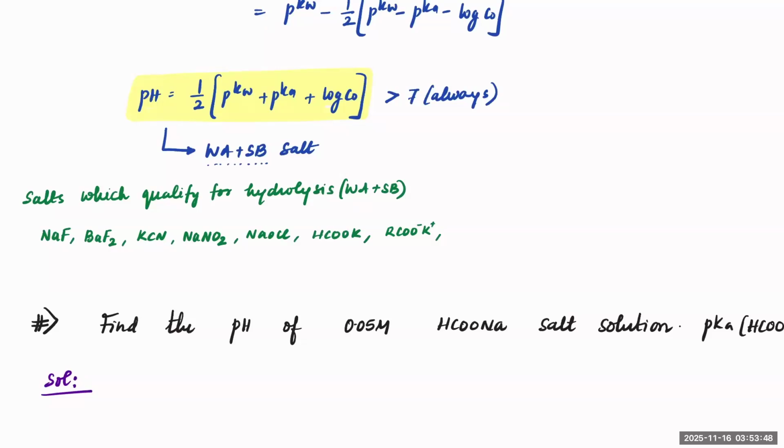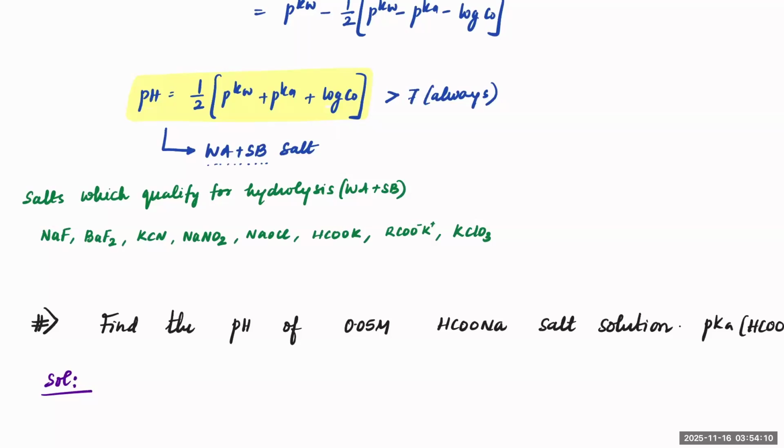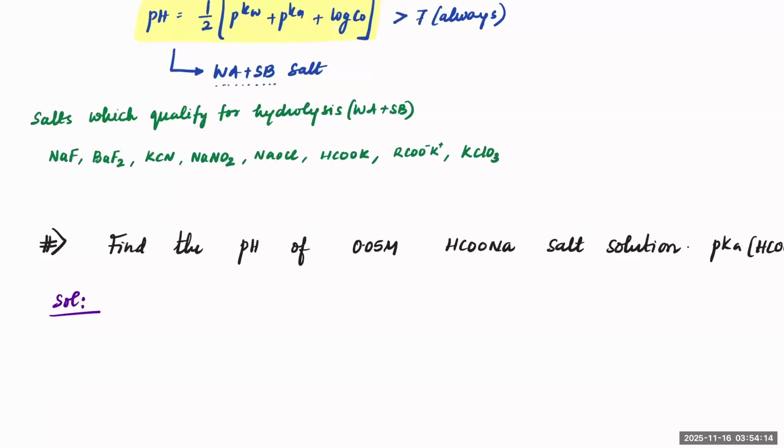Clear, everyone? Right. Similarly, if you have KClO3, HClO3 is a weak acid, so that definitely qualifies for this hydrolysis. Okay. So if at all you see these type of combinations, everybody, you should know that these are all going to give us salt hydrolysis. Okay.